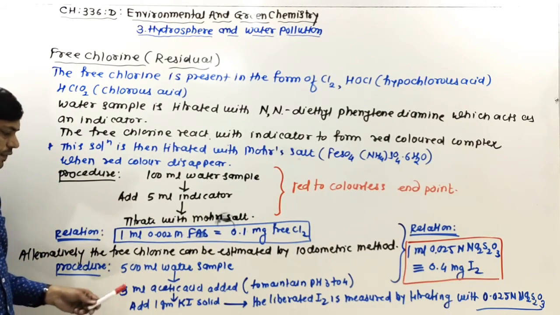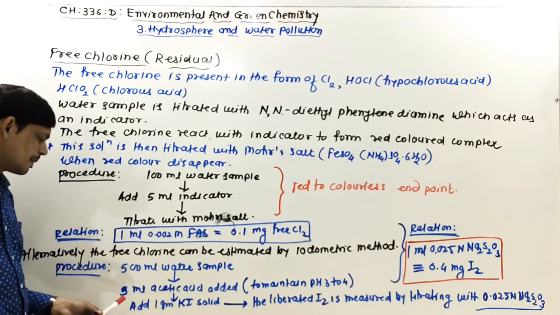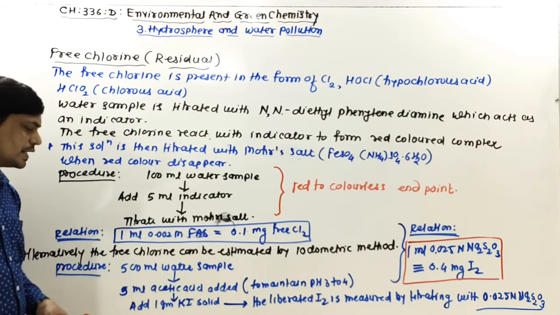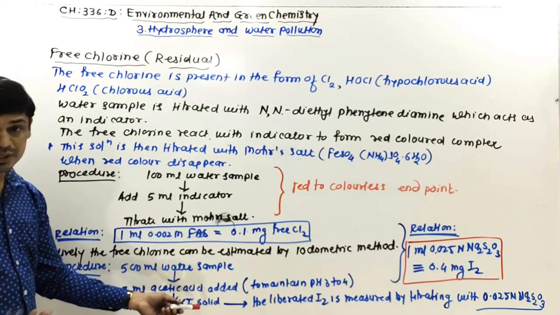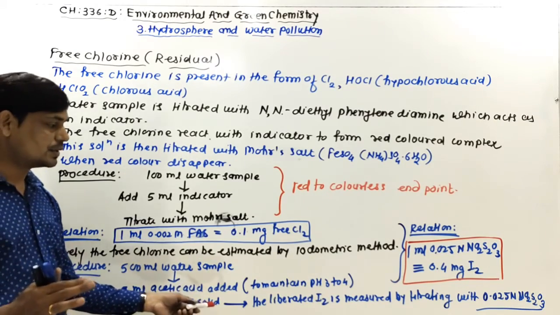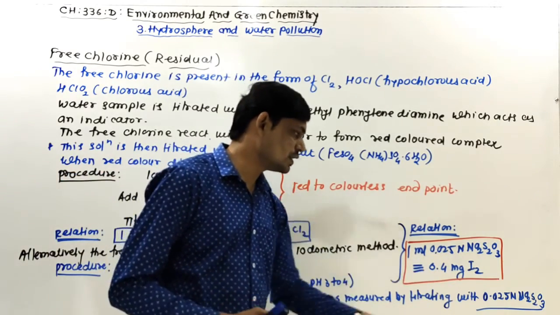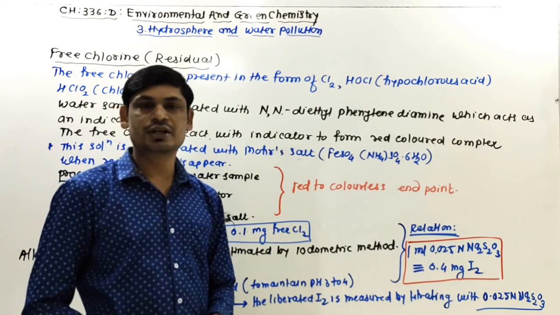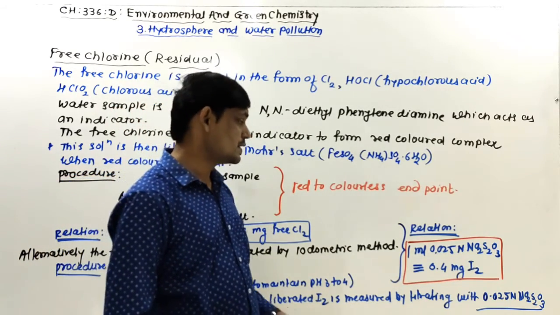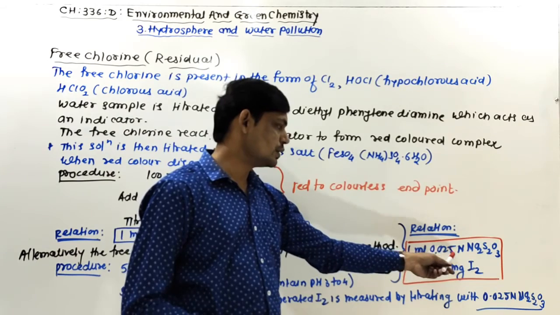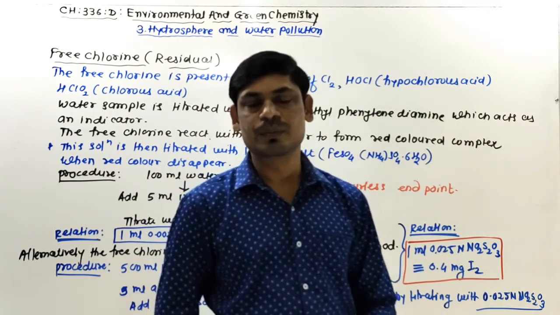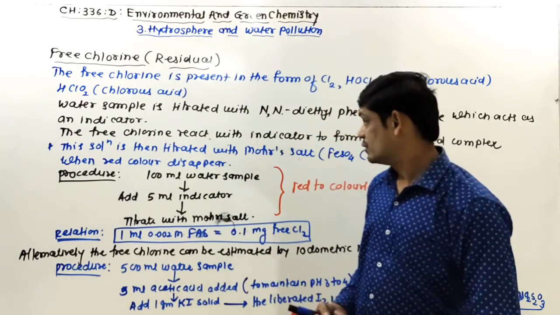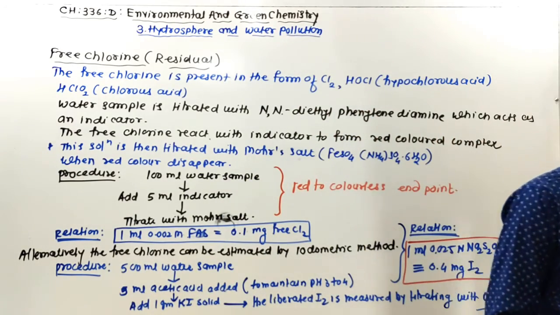For that purpose, a 500 ml water sample is taken. Then the pH is maintained by adding acetic acid. Then potassium iodide is added. Iodine will liberate, and that liberated iodine is measured by titrating with 0.025 normal Na2S2O3. The relation is that 1 ml of 0.025 normal Na2S2O3 corresponds to 0.4 milligram of Cl2. So you just note this data.